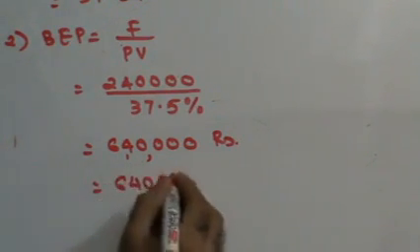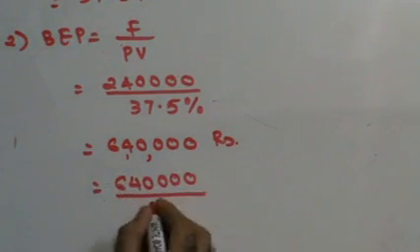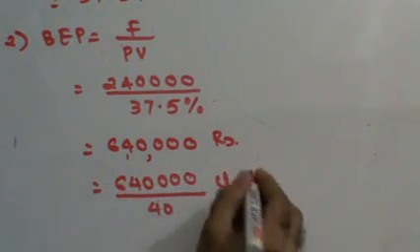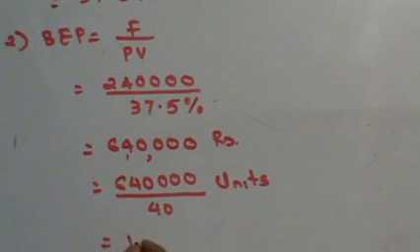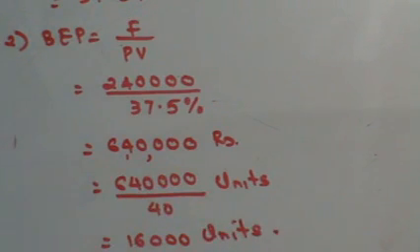So 6,40,000 divided by selling price per unit will give you the number of units. 16,000 units. So my break even occurs at 6,40,000 rupees or at 16,000 shirts.